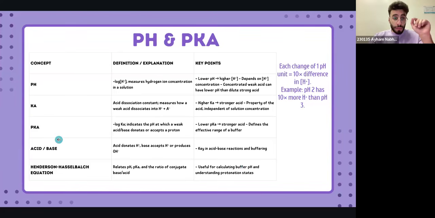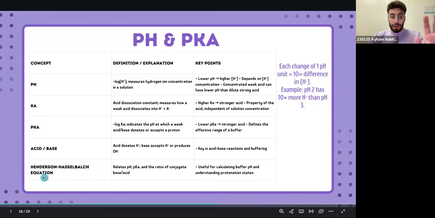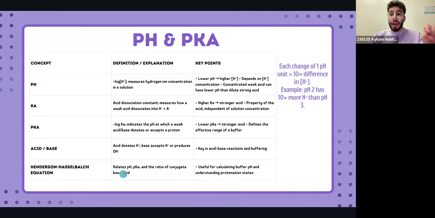pKa and pH have a related equation called the Henderson-Hasselbalch equation. This equation shows the relationship between pH and pKa and the ratio between the weak acid and its conjugate base. It's very useful for calculating the buffer pH and understanding the values of each of the pH and the pKa.